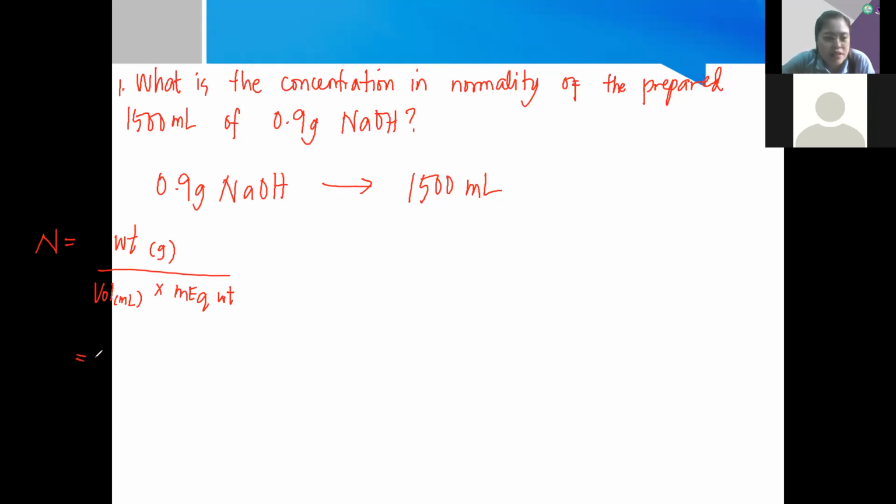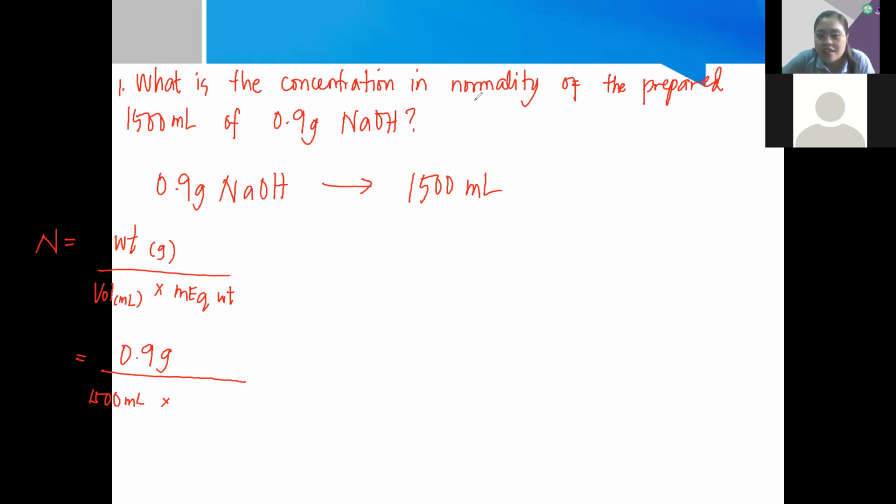Okay, so this will be our formula. Now, substituting this, you have weight in grams, that's 0.9 grams of NaOH, volume dissolved in 1,500 ml. And then, i-multiply siya sa milli-equivalent weight. Now, the milli-equivalent weight is not given in the problem.